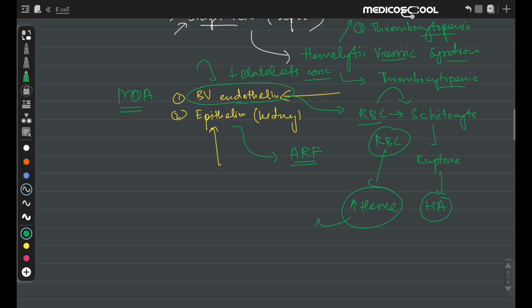And when this heme enters the kidney, it will cause damage to the kidney, and this damage can also result in acute renal failure caused by the Shiga toxin. So it is the second mechanism. The first one is the damage to the epithelium directly by the Shiga toxin, and the second one is the increased production of heme, which will cause damage to the kidney and thus acute renal failure.